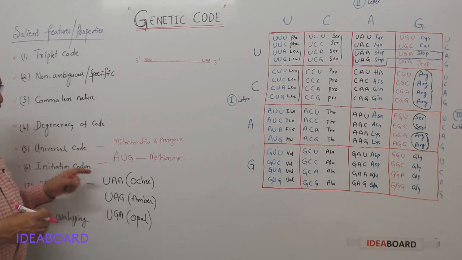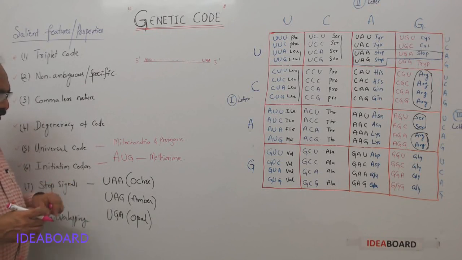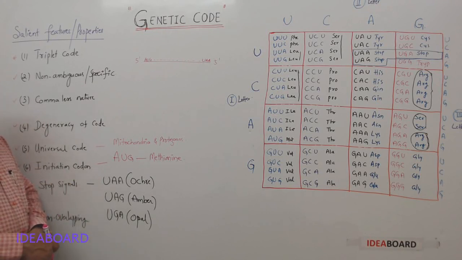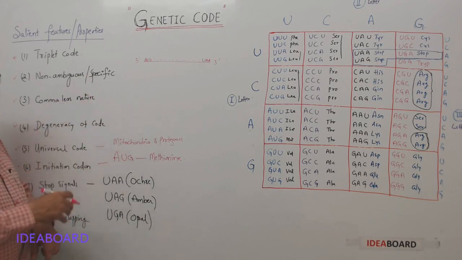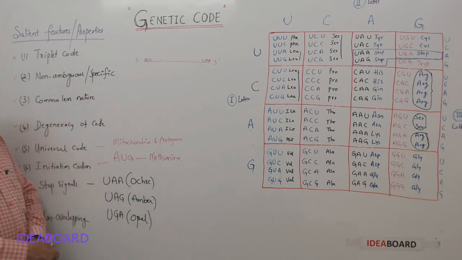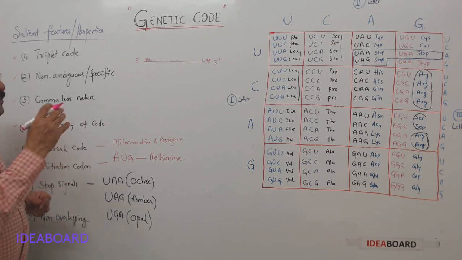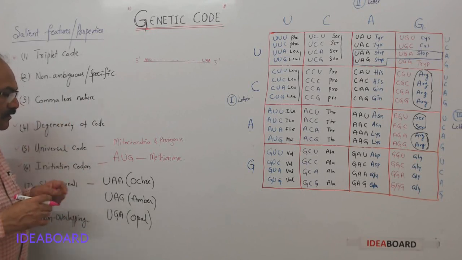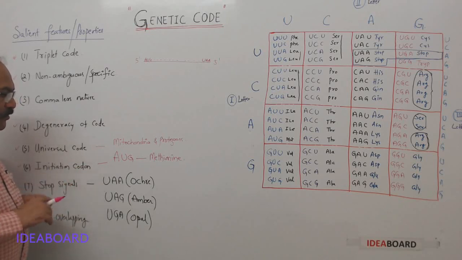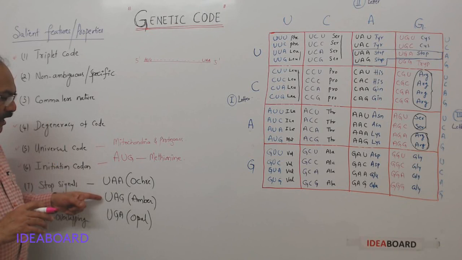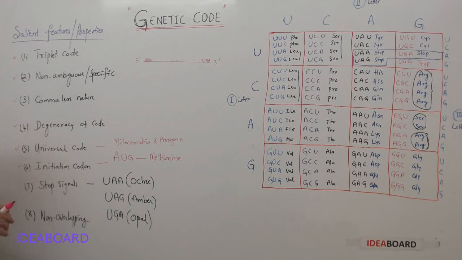And this can be UAA, or UAG, or UGA. Don't think that all three are present at this 3 prime end of RNA. Any one of these three is present at the end of RNA. So that is terminating, and just remember they are given some names also. UAA is popularly called Ochre, UAG is called Amber, and UGA is called Opal.